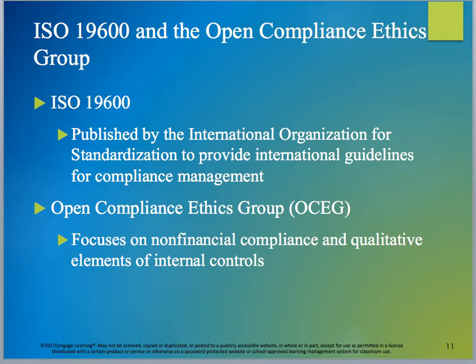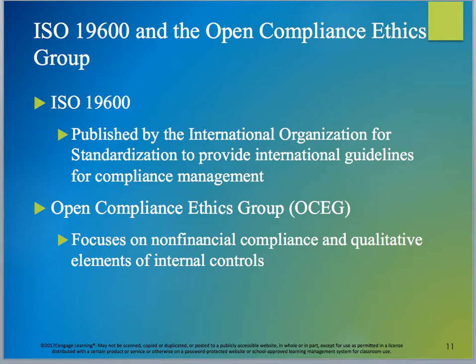ISO 19600 and OCEG, Open Compliance and Ethics Group. The first was published by the International Organization for Standardization to provide international guidelines for compliance management. And the second focuses on your compliance for all non-financial requirements.